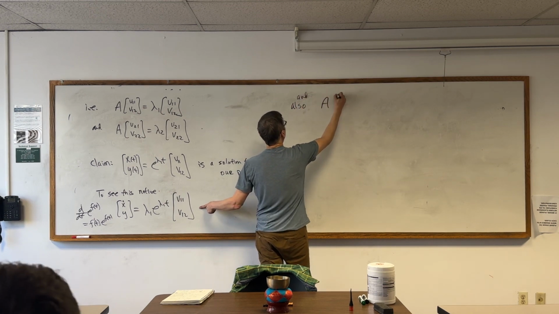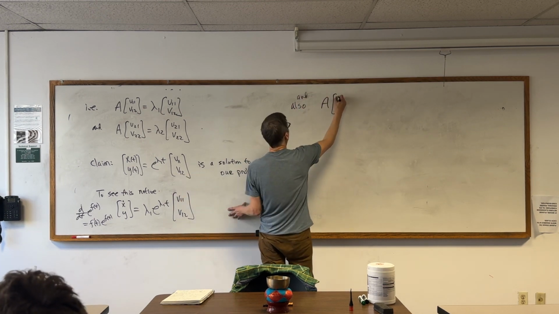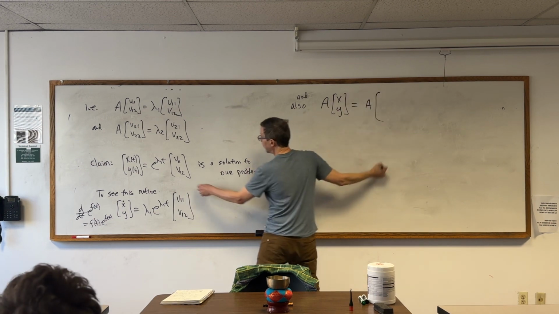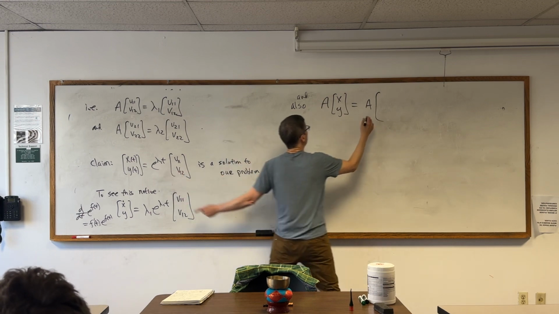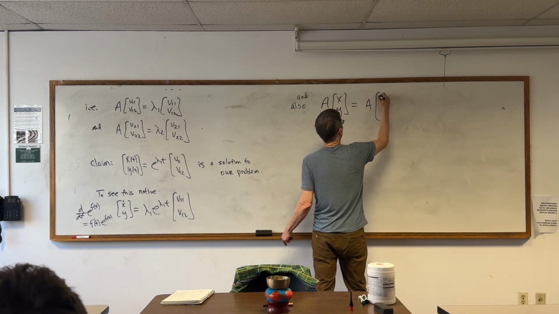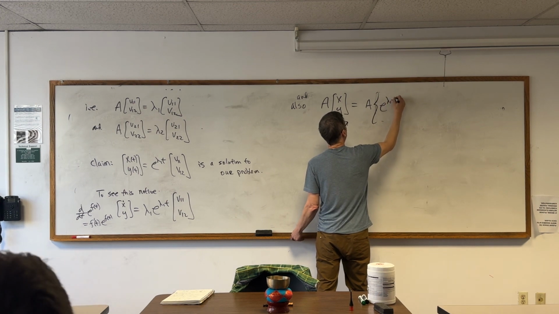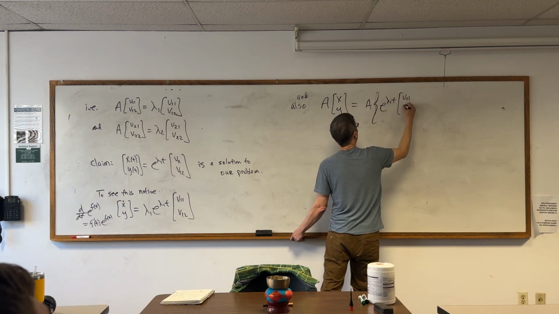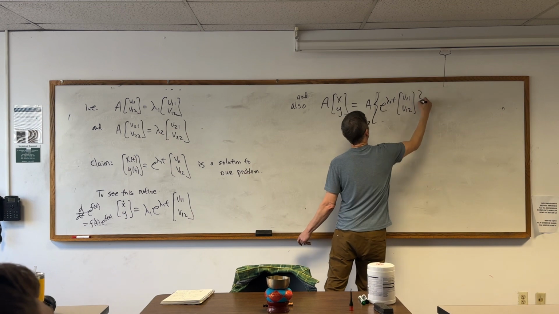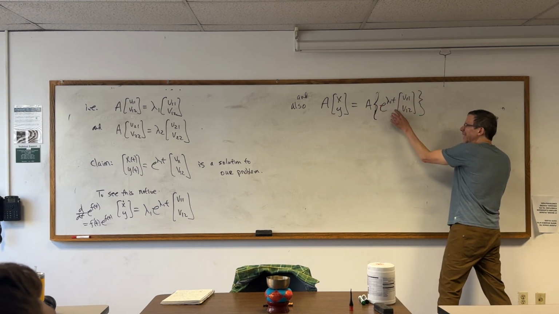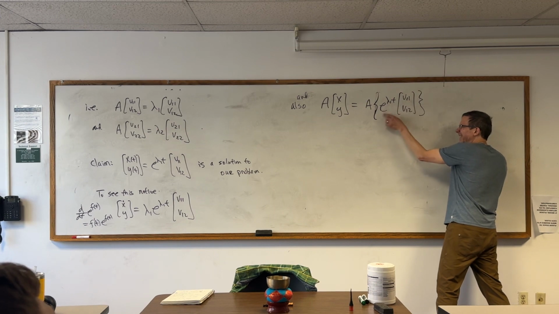And also, if I take A times this x, y, I'm going to have A times, let's put a little bracket, e to the lambda 1 t times v11, v12. So that's a little weird. I'm saying A times this vector multiplied by this scalar.